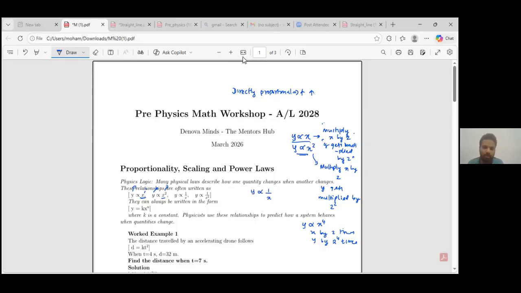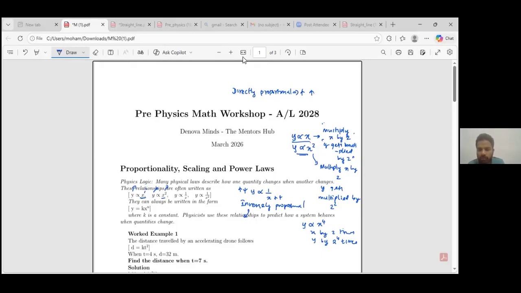Here, when you increase one quantity, the other quantity decreases, and when you decrease, the other increases. Such relationships are called inversely proportional.